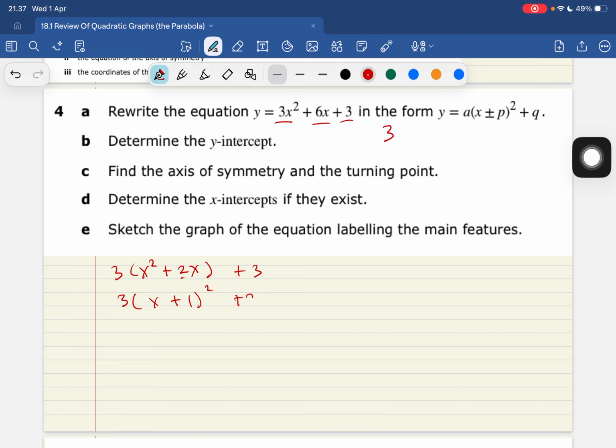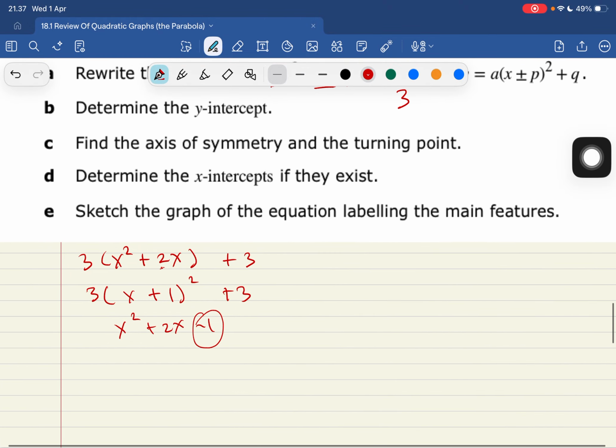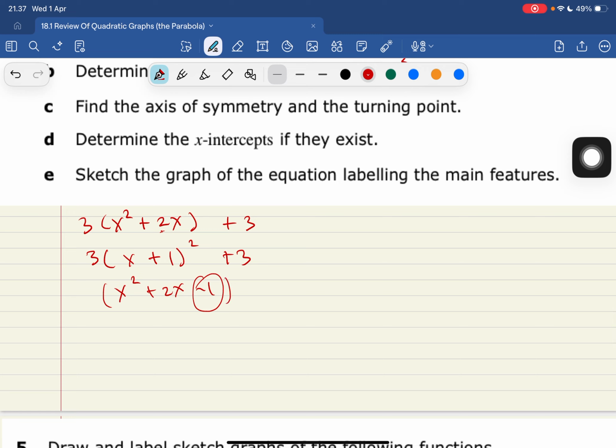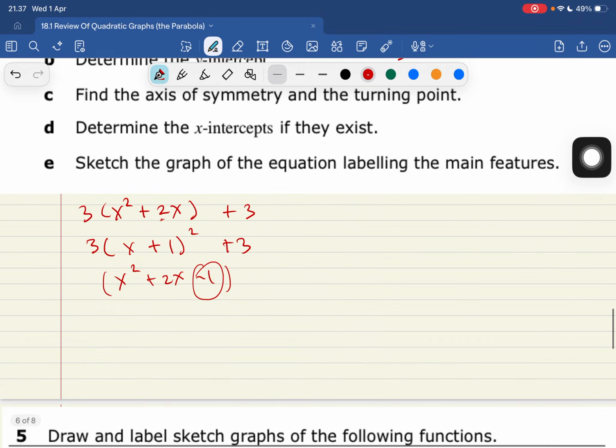If we expand it, it is going to be x squared plus 2x plus 1. Here is the extra that we don't want.